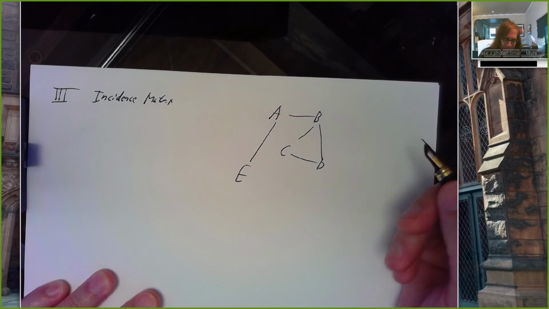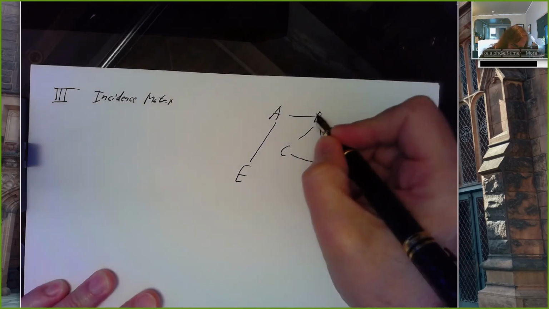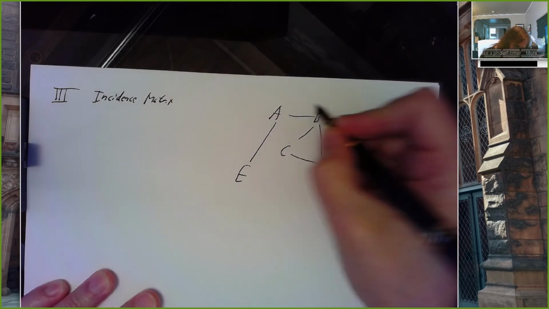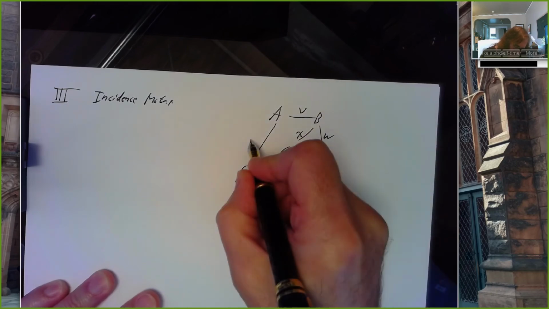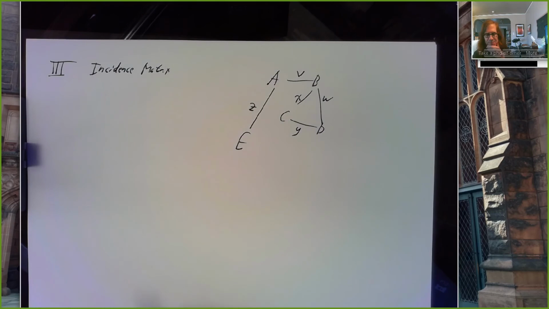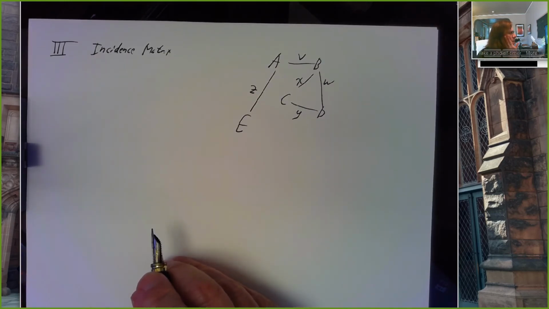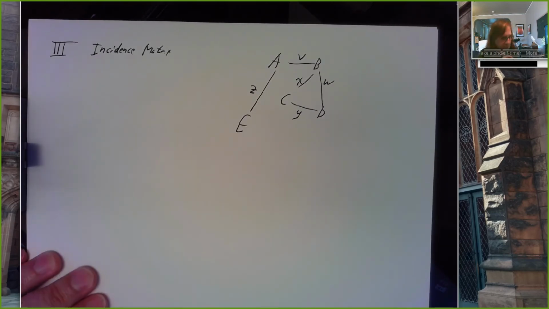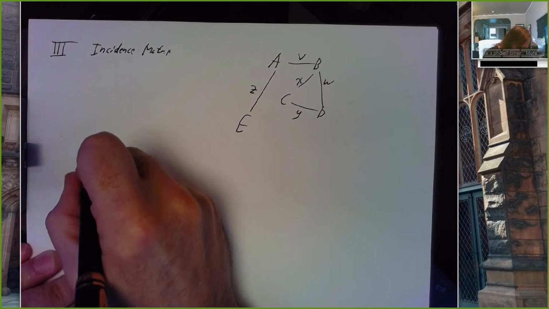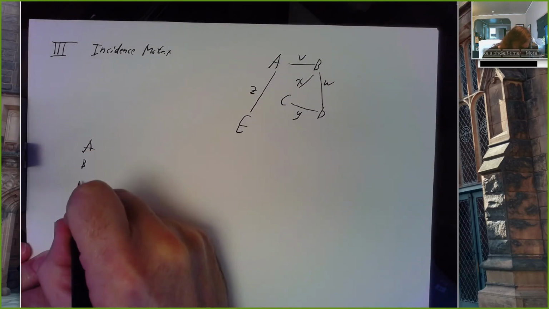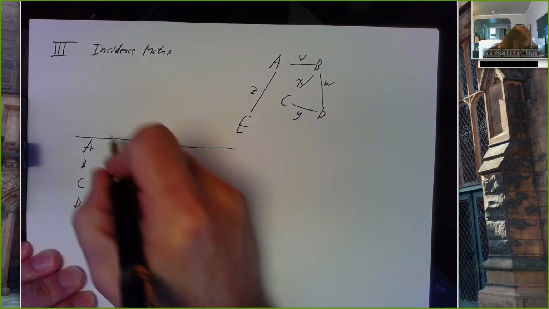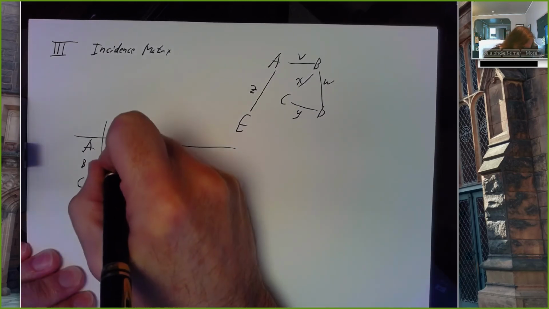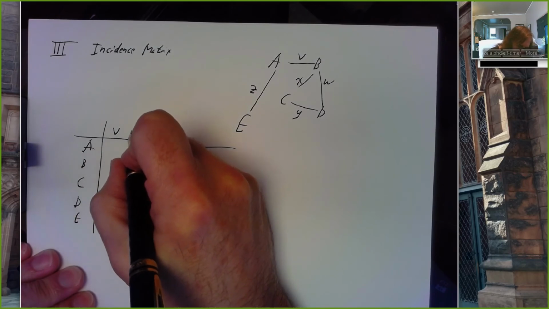And let me label my edges. And so an incidence matrix, we can list vertices and edges. You don't always have the same number of edges as vertices. I just didn't get very elaborate.